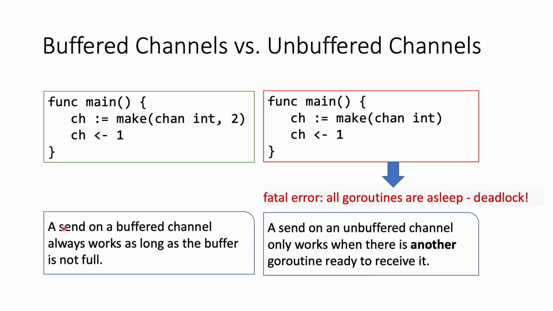But a send on a buffered channel always works as long as the buffer is not full. Therefore, the program with the buffered channel works fine, no error occurs, because when the send to channel CH is executed, the channel buffer can store two values.